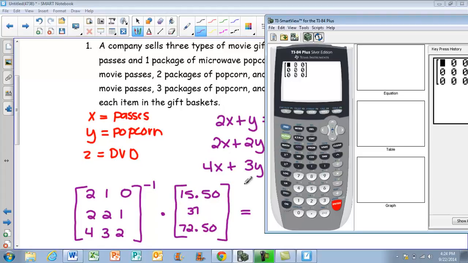Again, enter my information in, so I have a 2, 1, 0, 1, 2, 4 here.